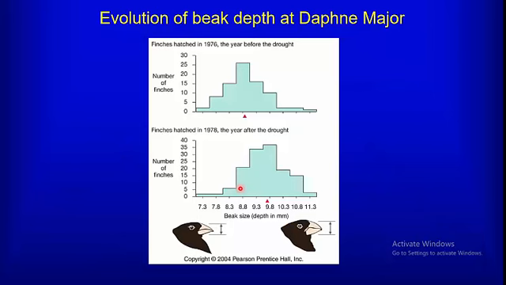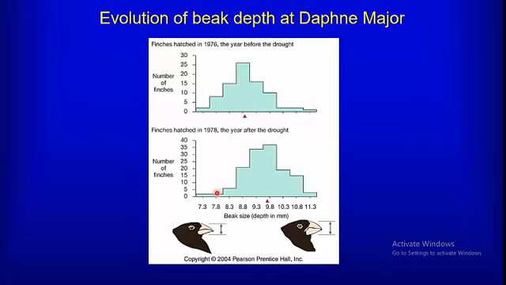And for that, you actually need to look at the frequency distribution of the finches which hatched after the drought and compare them with the ones before the drought. So as you can see, if you look at the finches that hatched before the drought, the mean was somewhere over here, somewhere about 8.9 or something.